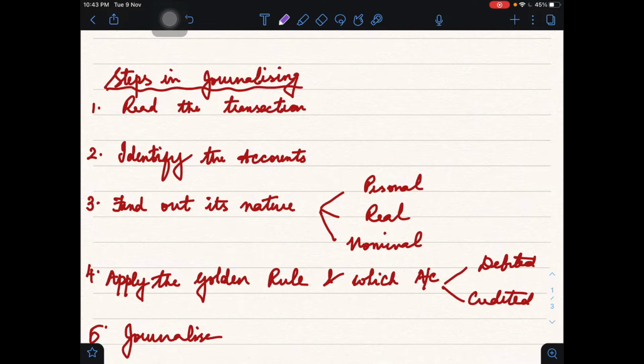Next, after identifying the accounts, you will find out the nature, whether it is personal, real or nominal. After this, you need to apply the golden rule, and then understand which account is to be debited and which is to be credited. And finally, you will journalize as per these steps.